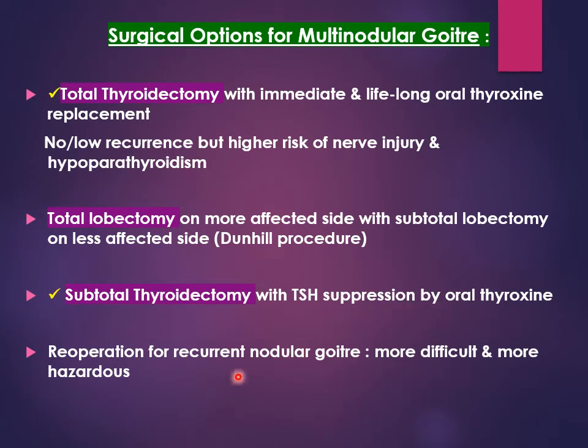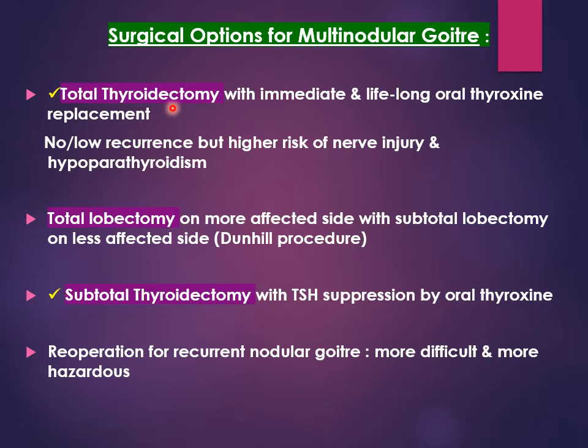Okay, what are the surgical options available for multinodular goiter? Surgery is basically thyroidectomy, different types of thyroidectomy, of which there are 3 types: total thyroidectomy, total lobectomy, and subtotal thyroidectomy. These are the 3 main types. In the first case, where the total thyroidectomy is done, the patient has to be given lifelong oral thyroxine replacement.